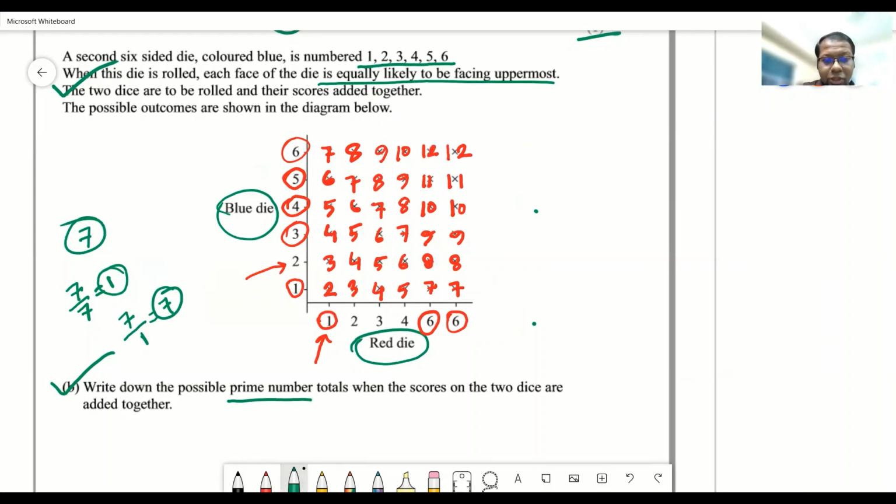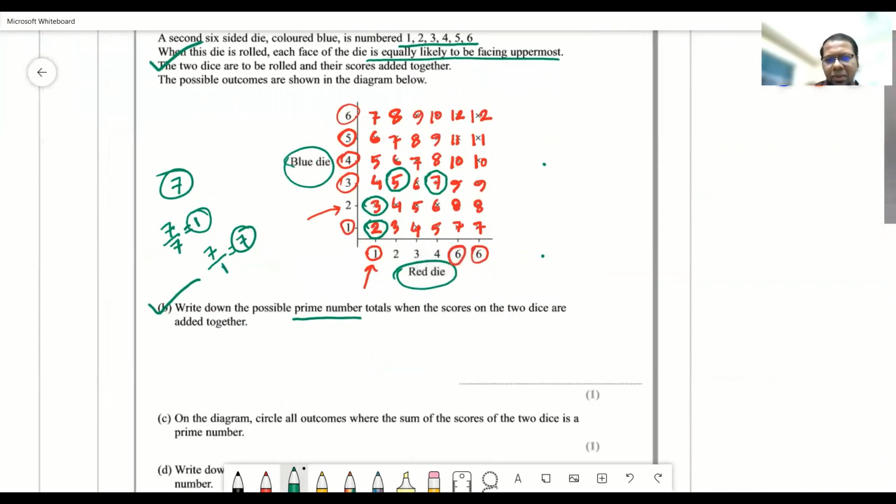At first 2, that's a prime number. 3, that's a prime number. 5 is a prime number, and 7 is a prime number. So these prime numbers we can obtain from the scores: 2, 3, 5, 7. Did I miss anything? Yes, I have missed one number, 11. So that's the answer: 2, 3, 5, 7, 11.